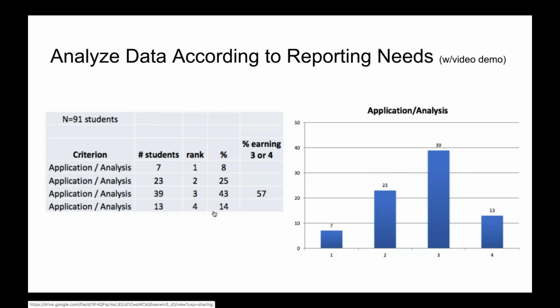I came up with the percent of students in each rank. For our university's reporting process, we're looking for students earning a 3 or 4, the highest mastery levels, and I could quickly calculate that was 57% of our students. Perhaps some work to do there to get more students into the higher levels of achievement for that criterion.